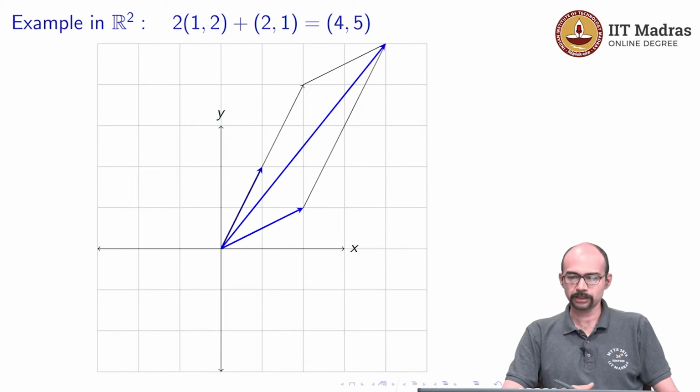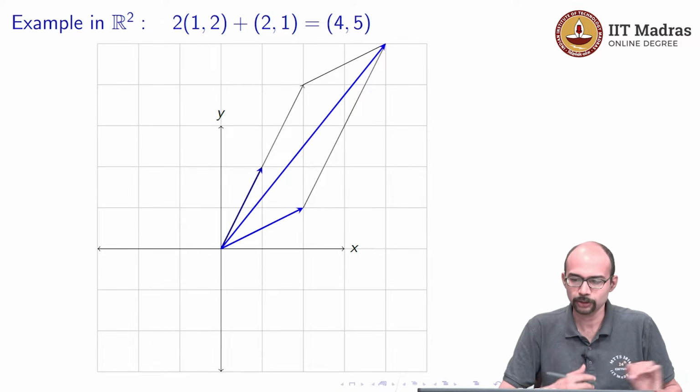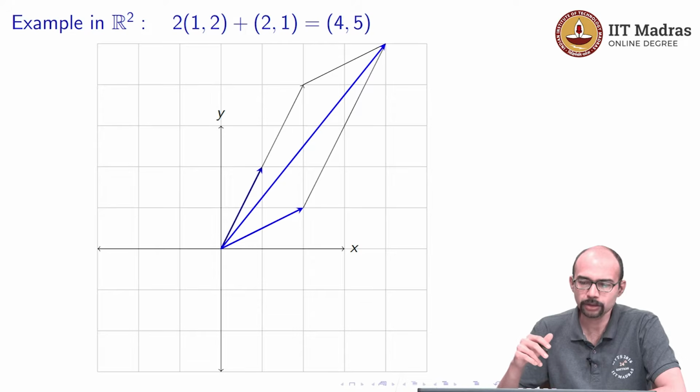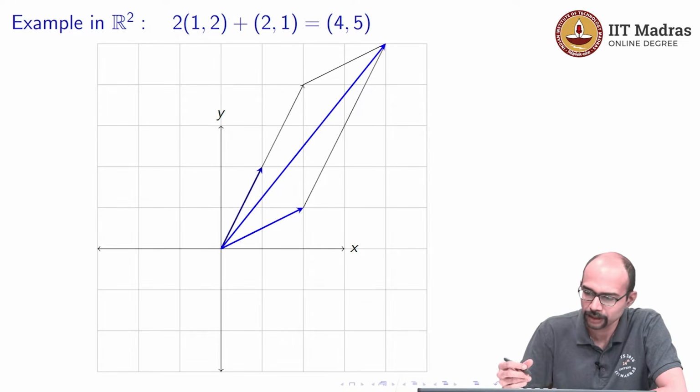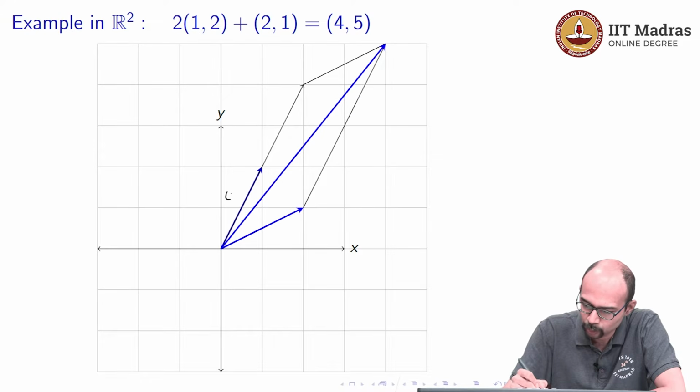Let's do a couple of examples. We are going to look at the geometry first, and then the algebra. The example here is 2 times (1, 2) plus (2, 1) is (4, 5). What is (1, 2)? It is over here. What is (2, 1)? It is over here.